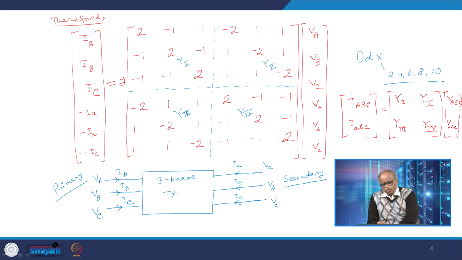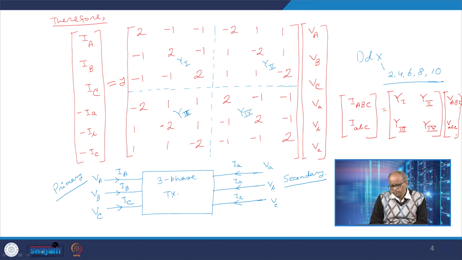So this is the model of a transformer where Y1, Y2, Y3, Y4 are the admittance matrices, each of them is 3 cross 3, and Y2 and Y3 are always transpose of each other.